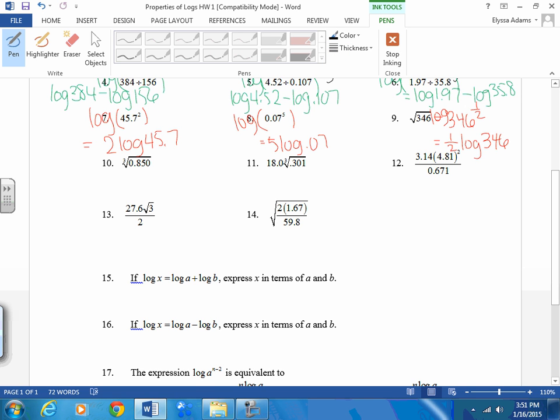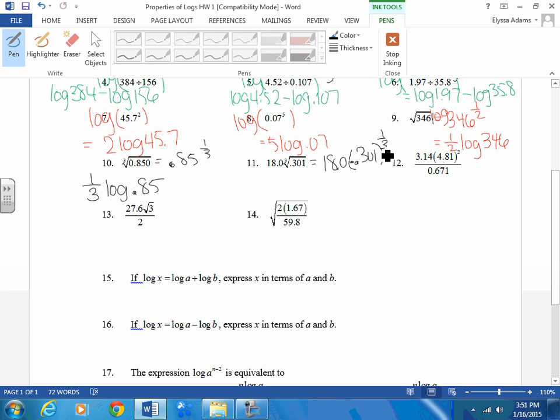For number 10, this is like 0.85 to the 1/3 power. So when we take the log of that, that's going to be 1/3 times the log of 0.85. Now we've got 18.0 times, now the cube root is the 1/3, so this is times 0.301 to the 1/3 power.